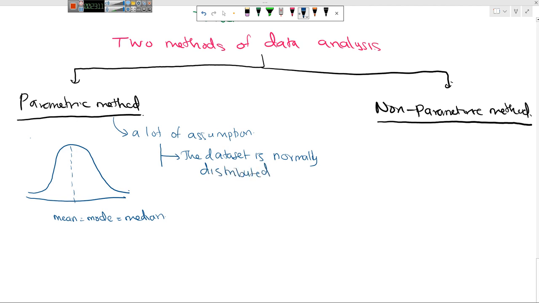Now we will take a look at what the rest of the assumptions are. The second assumption that we made is homoscedasticity, or homogeneity of variance.